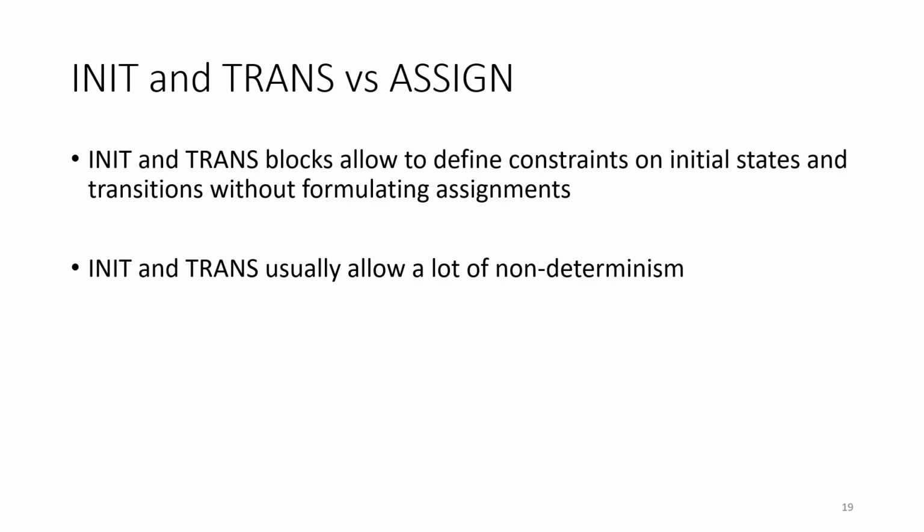It can move in any way that satisfies the constraints in our init and trans blocks. So usually they allow lots of non-determinism, but often that's desired in those kinds of systems because you either want to abstract away some of the implementation details or the non-determinism simply exists in the environment.